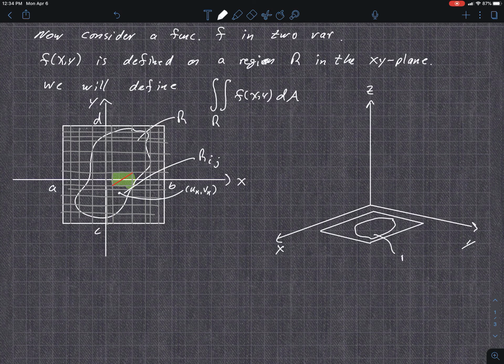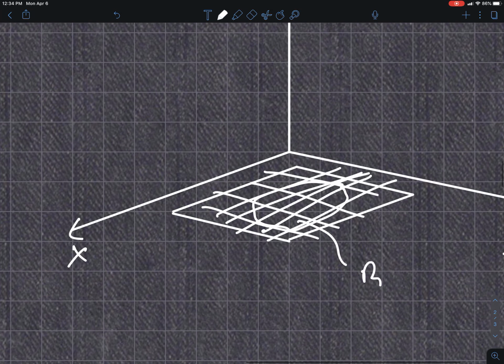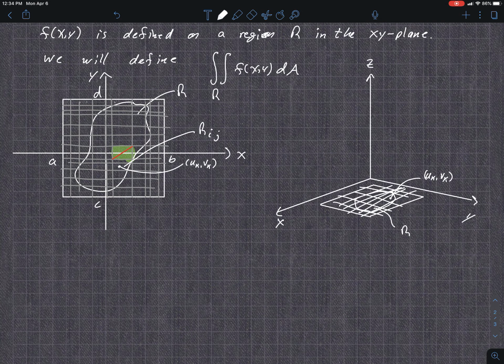That's the concept. So you get this region R in here. That's my R, and then this is what you are going to partition up like that and like that. So you get that sort of look, and then one of your values inside here, U sub k, V sub k, is your point you put into the function.